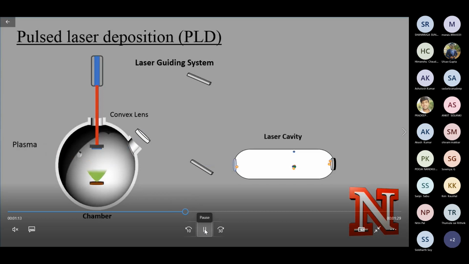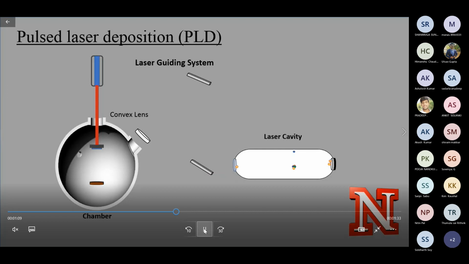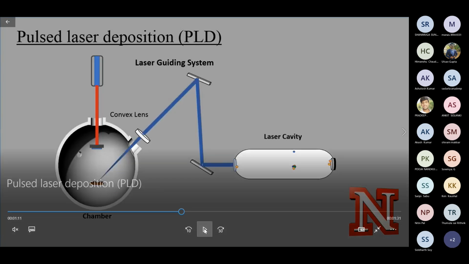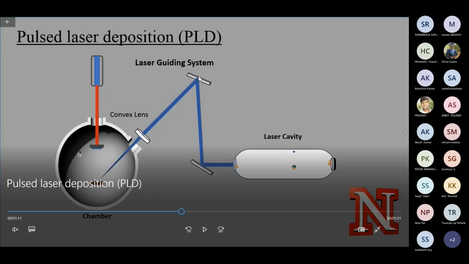So from here you can see the laser is falling here. As I told, sometimes several mirrors are required to focus this laser. You can see the laser, and there is a lens to make it focused, and this is the opening.